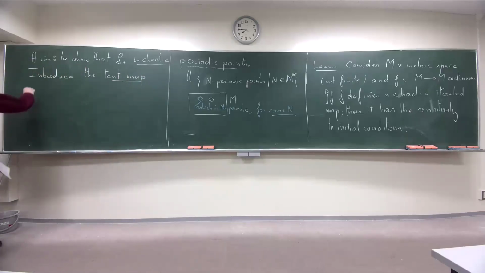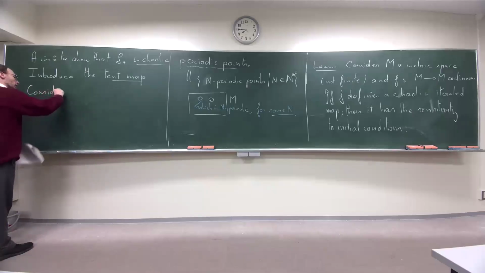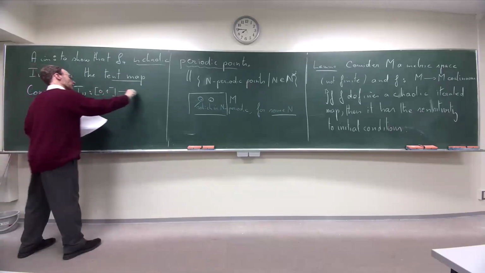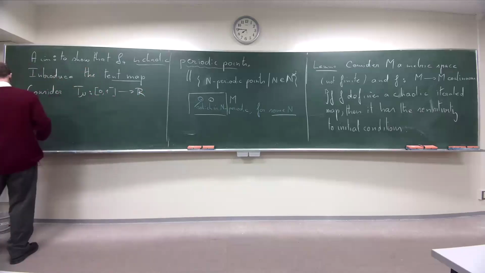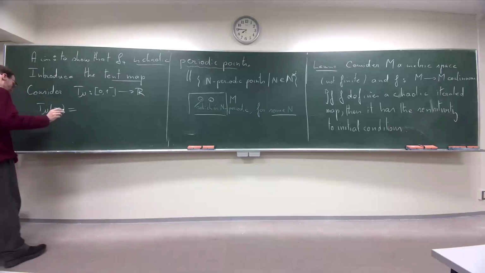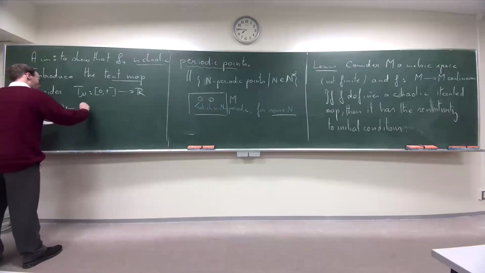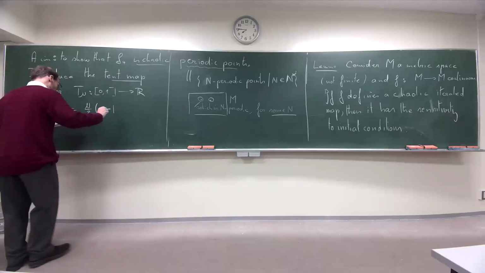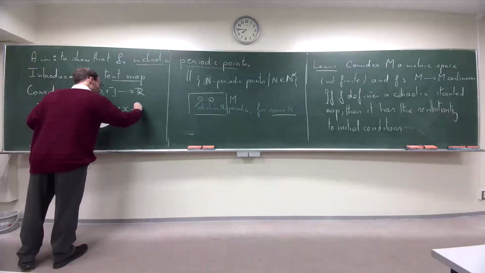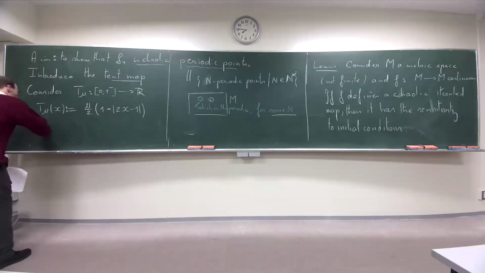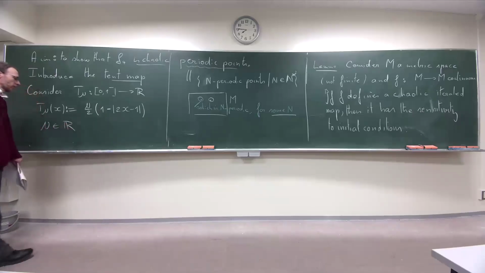We consider the following function T mu from 0, 1 to R, given by T mu of x equals mu over 2 times 1 minus the absolute value of 2x minus 1, where mu is any real number. So it's a rather simple function.